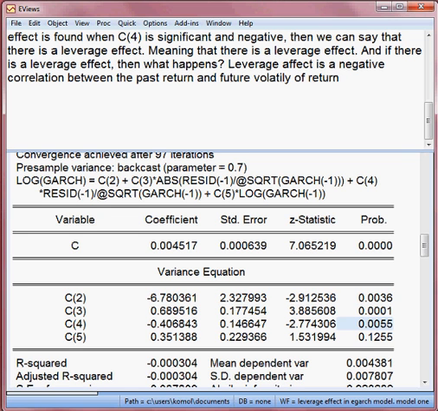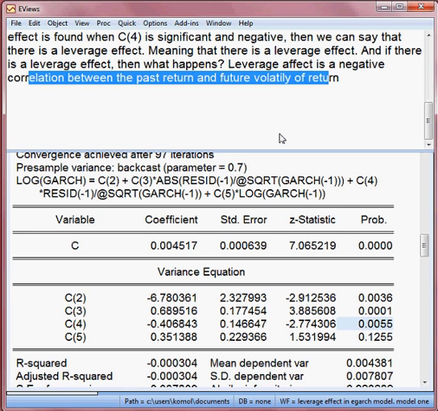So that is the definition of leverage effect: negative correlation between the past return and future volatility of return.